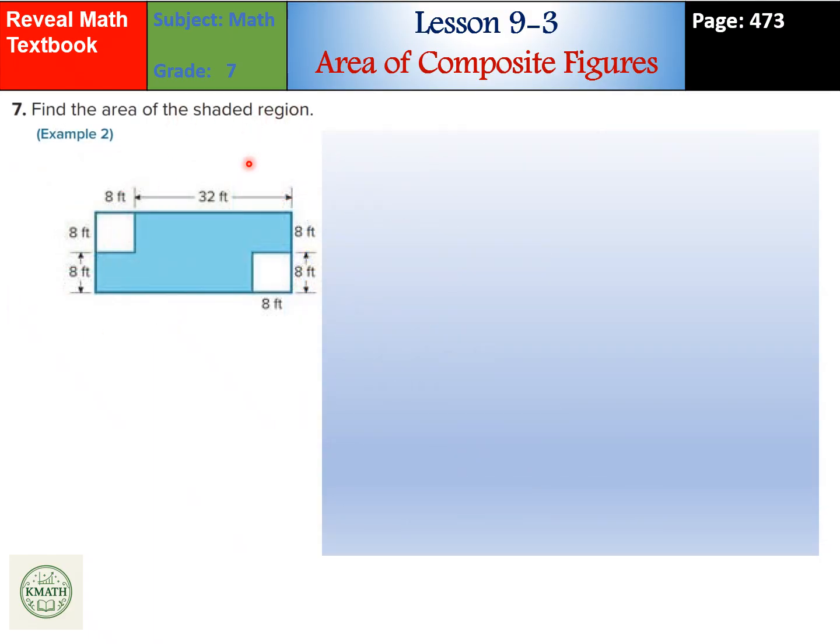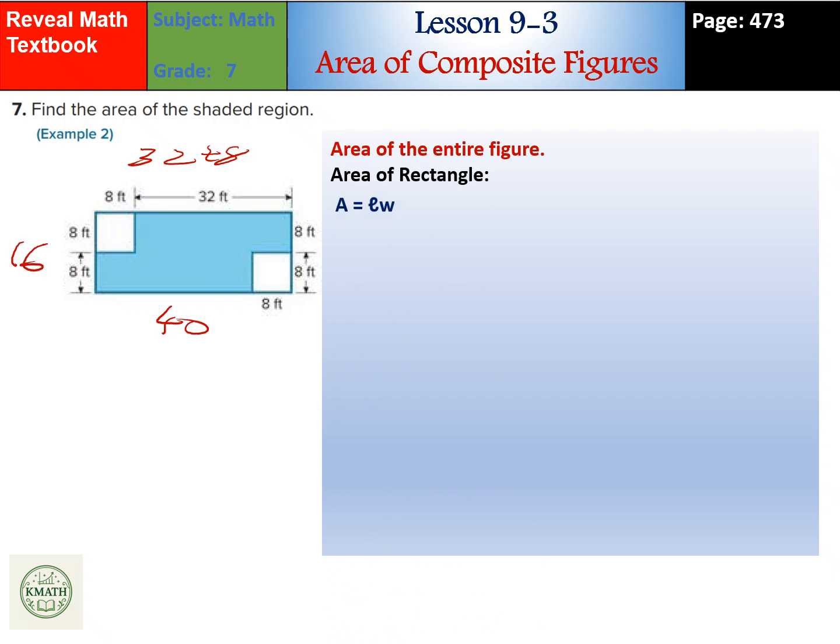Find the area of the shaded region. What is this shape? The whole shape is a rectangle. First we will find the area of the whole shape, then we can see two small squares, and we will find the area of these small squares and then subtract them. From here to here it is 32 and here it is 8, so the whole thing is 32 plus 8, which is 40. Here it is 8 plus 8, 16. So for the bigger rectangle it is 40 times 16, that is 640 square feet.